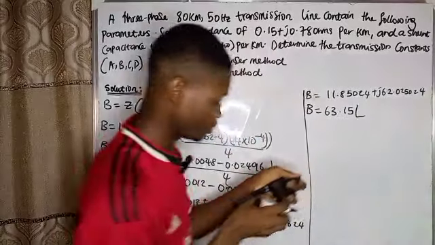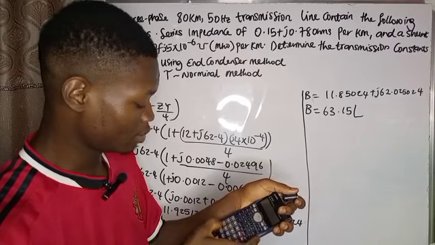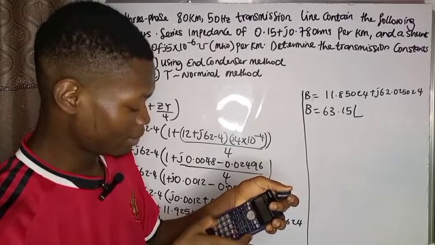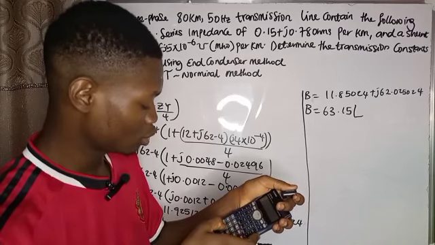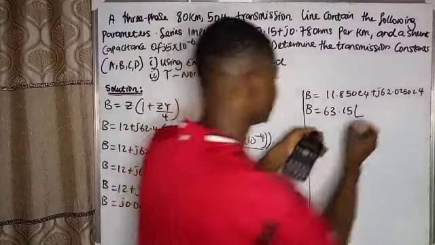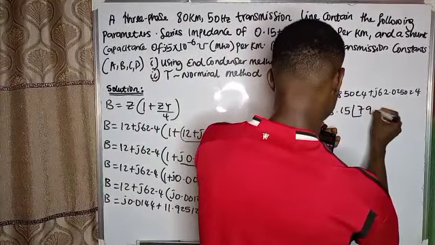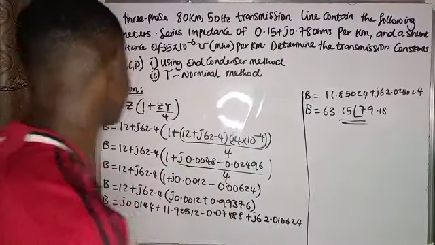Then the argument, 62.025024 divided by 11.85024, then tan inverse will give me 79.18. So this is the answer for my B.